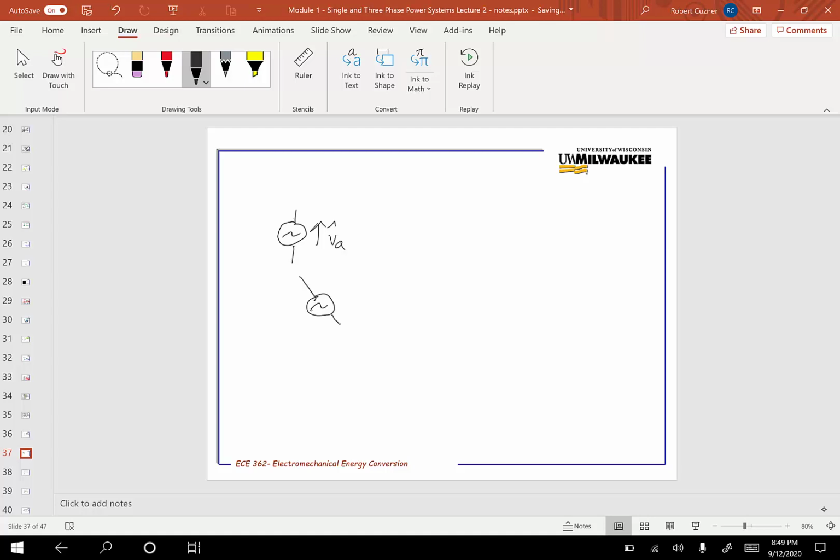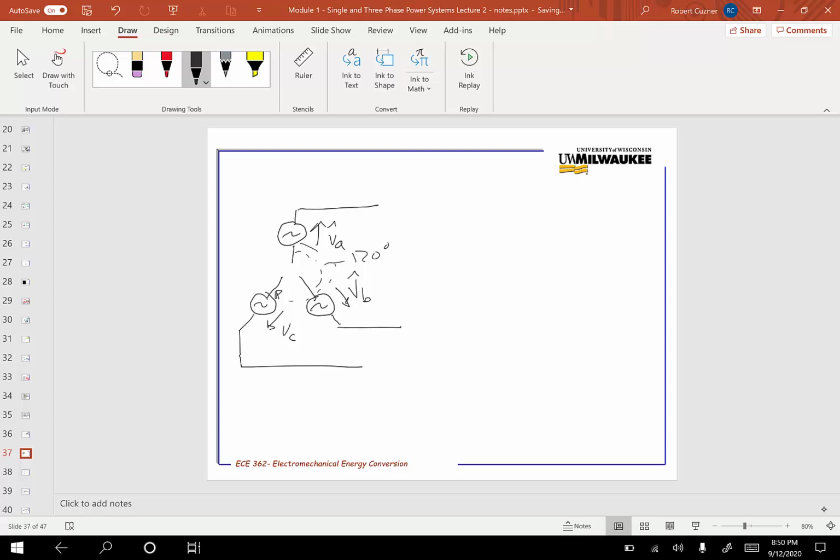This would be the B phase voltage, and this is really supposed to represent a 120 shift. This would be a 240 degree shift. This would be the VC voltage.